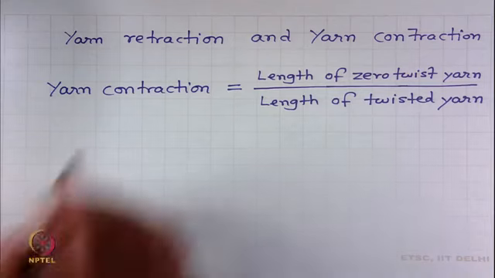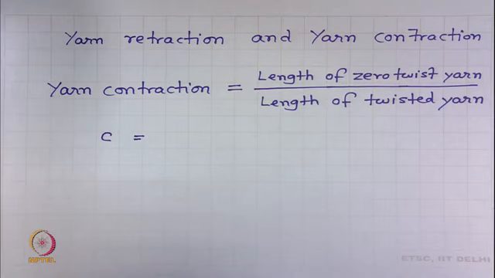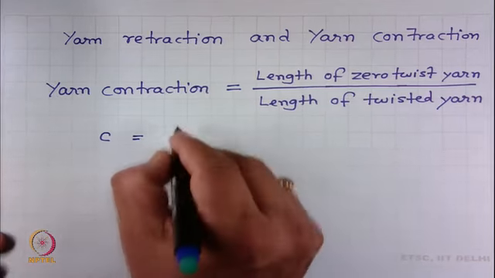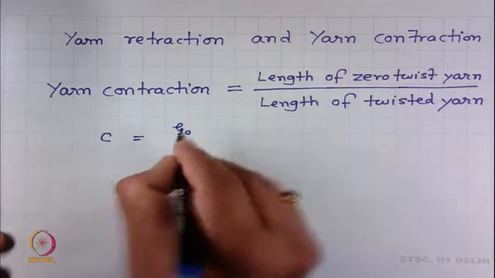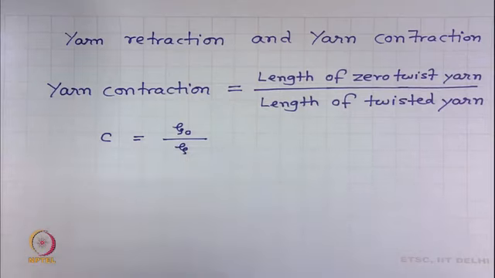Let us use the symbol C for yarn contraction. If you go back to our symbolism in this module, the length of zero twist yarn is zeta naught and the length of the twisted one is zeta.